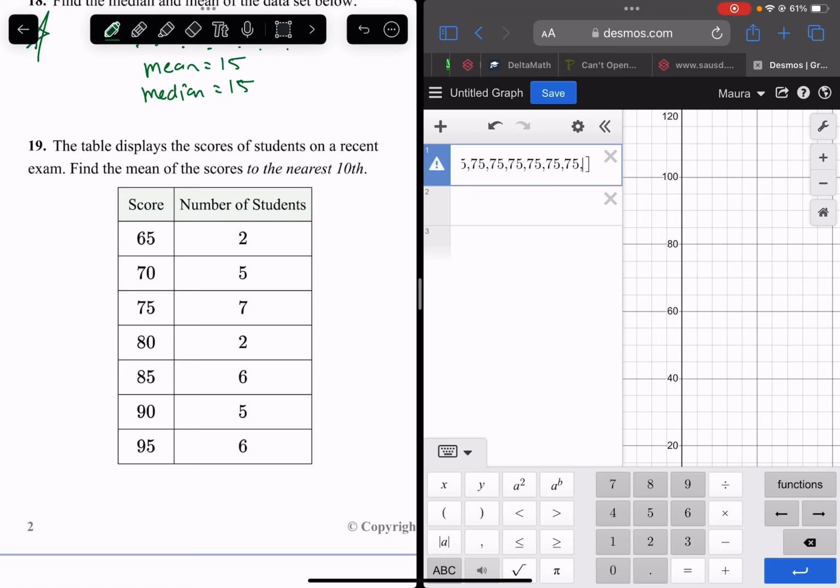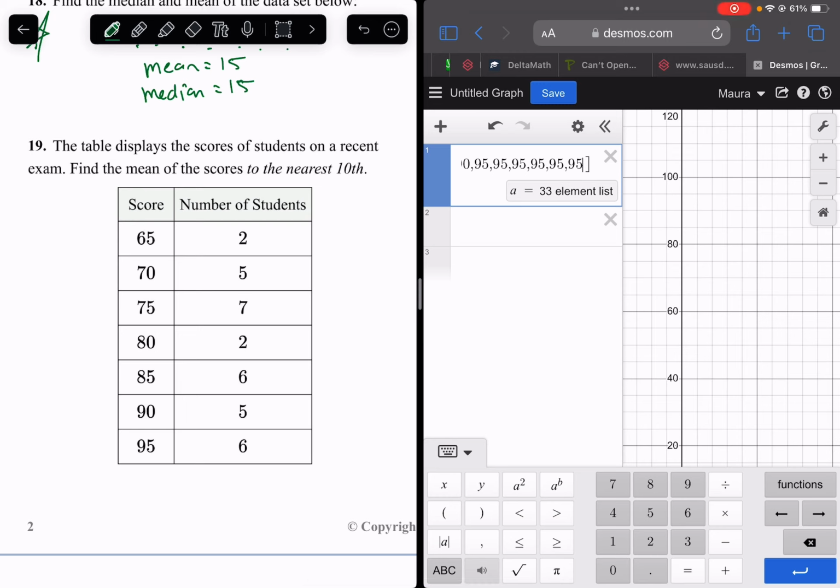And then 2 students with 80, and 6 students with 85. 2, 3, 4, 5, 6. And then 5 with 90. 1, 2, 3, 4, 5. And 6 with 95. Oops, 5 and 6.